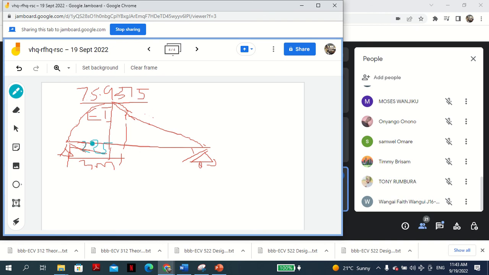Now this equation is a curve where y equals ax squared plus bx plus c. All right.